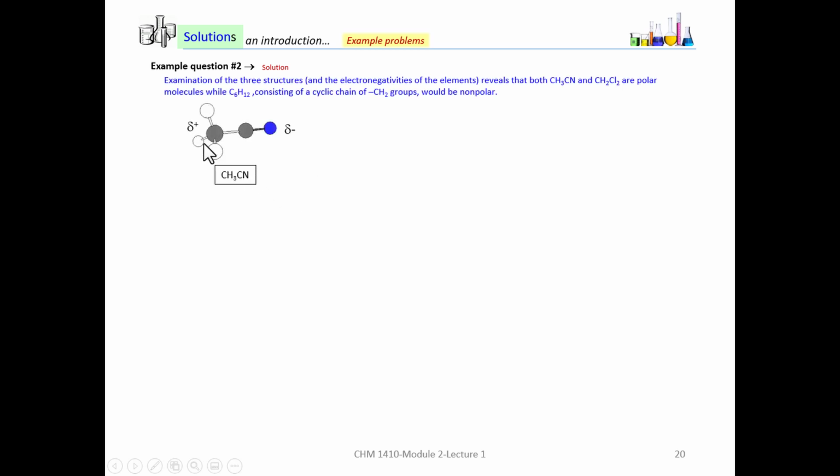If you look at acetonitrile and you see the shape of the molecule and the fact that there's a very electronegative nitrogen at one end, it's probably not hard to believe that this is a polar molecule. And so the intermolecular forces holding acetonitrile molecules together, or attracting one acetonitrile molecule to another in liquid, would consist of dispersion forces and dipole-dipole forces.